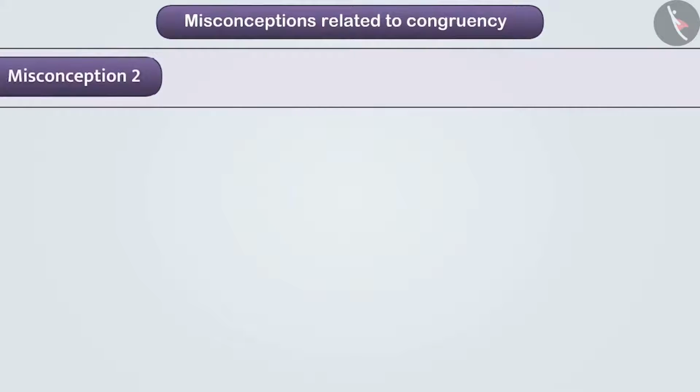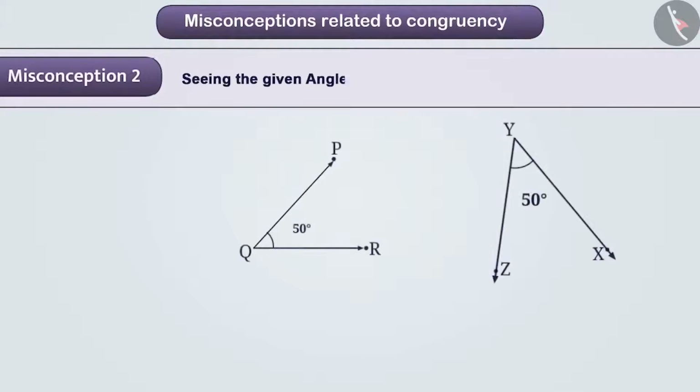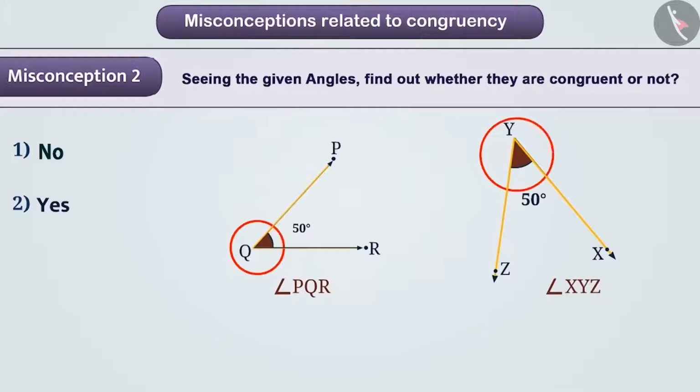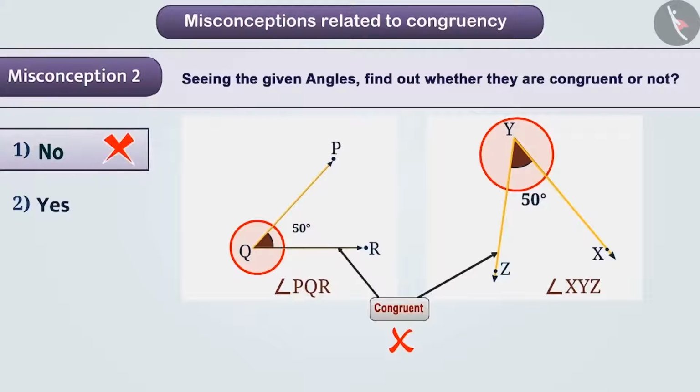Misconception 2. See the angles given below to find out whether they are congruent or not. Some children see that the length of arms and orientation of angle PQR and angle XYZ are different, so they understand that the given angles are not congruent. So they select option 1, which is the wrong answer.